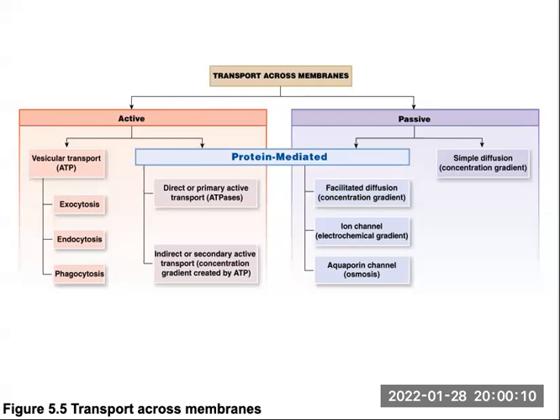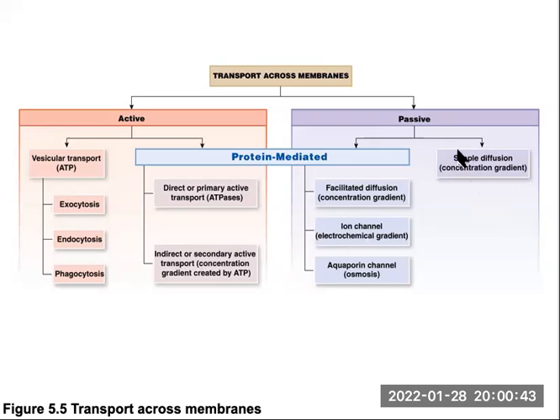Now this tree diagram shows the categorization of membrane transport. You can see here that the categorization can be done based on whether or not the process requires energy. So if it does not require input of energy, we call that passive transport. And active transport will require energy. And as you can see, the vesicular transport of really large particles is always an active process. It always requires an input of energy.